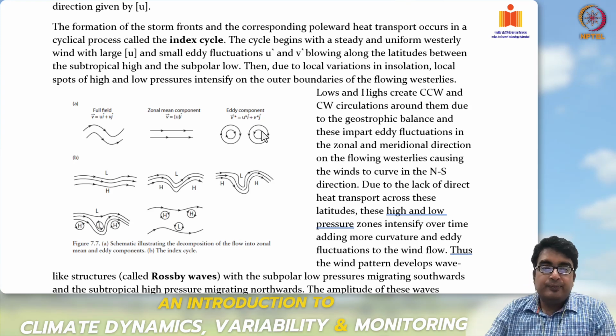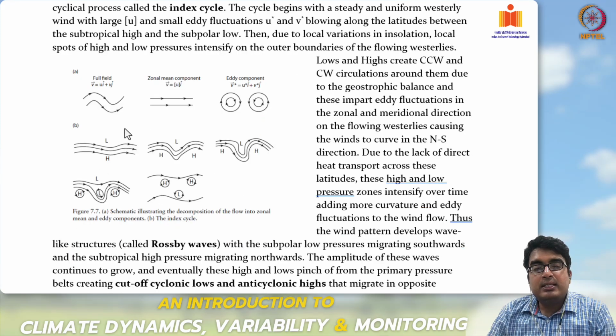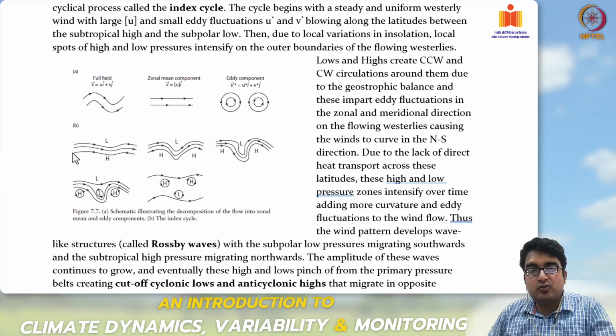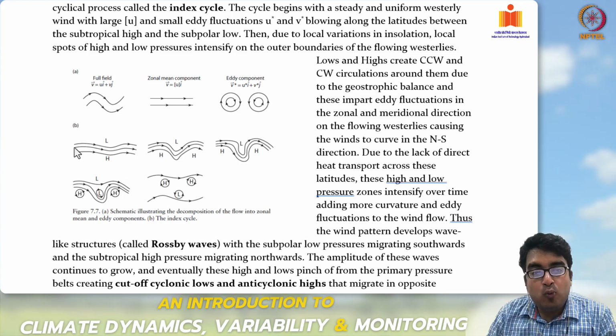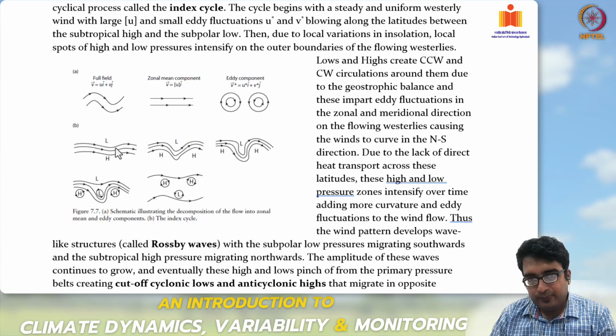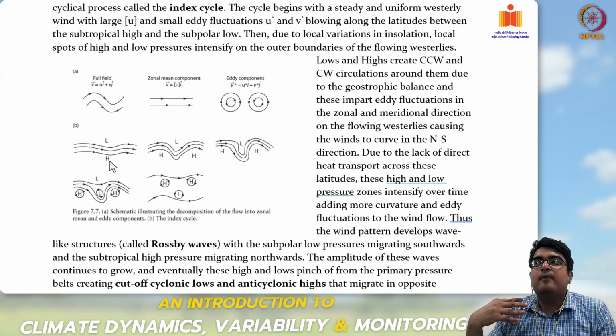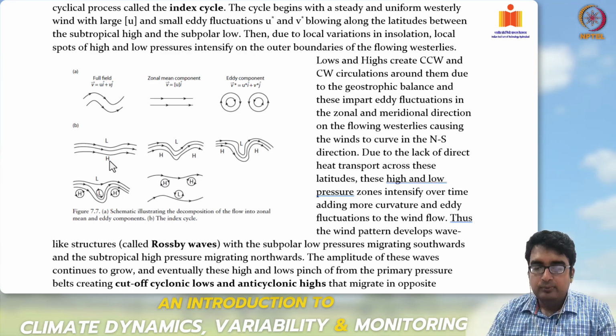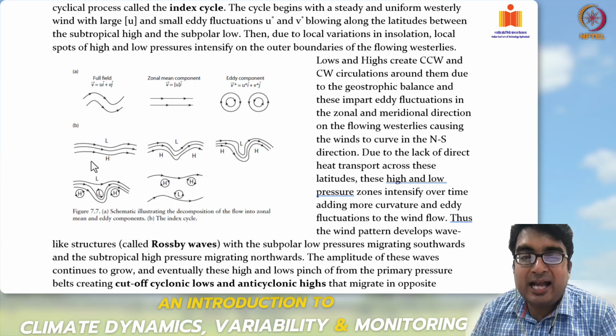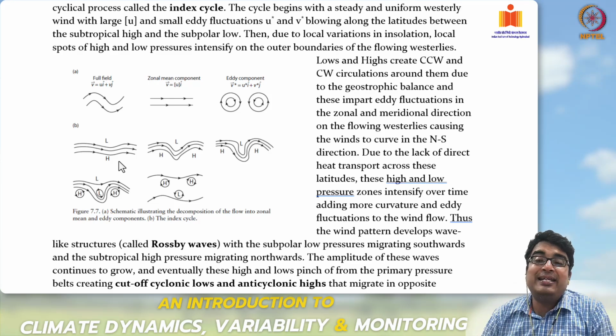How does it work? First, we start with a reasonably straight westerly wind structure going from west to east in the mid-latitudes. This is the polar low pressure belt and this is the subtropical high pressure belt. Now, because of certain variations in the insolation, certain regions of the high pressure belt and the low pressure belt intensify.